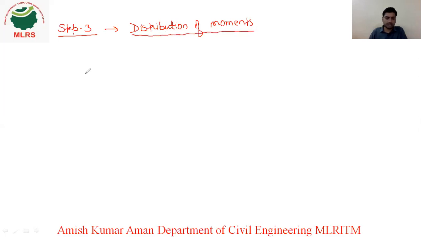Okay, first we will make the table. So again, joint, then member, then distribution factor, then fixed end moments. These 4 things we need to mention first. Okay, so we'll make a table.